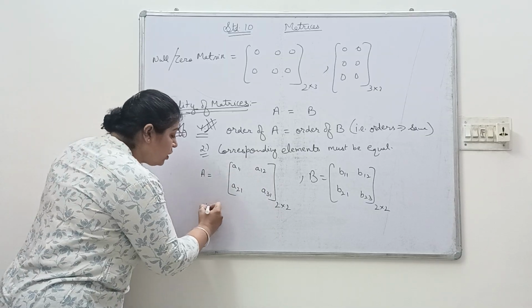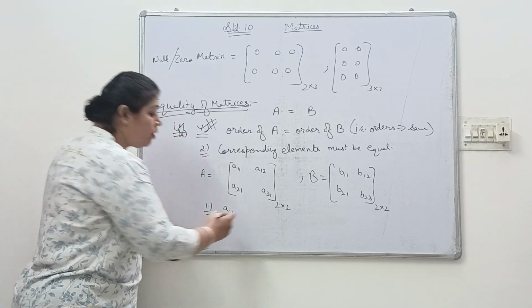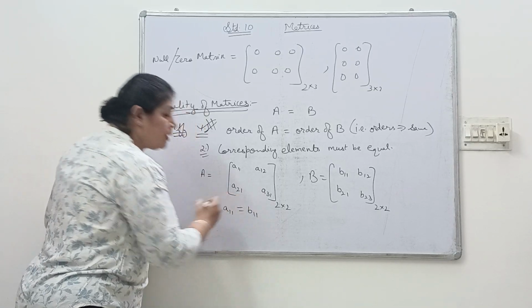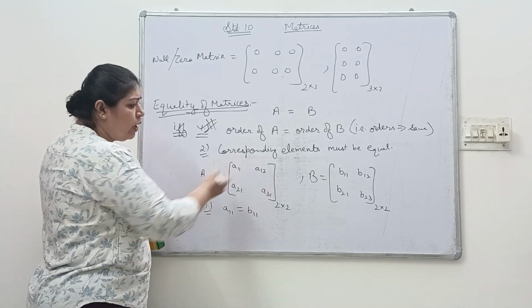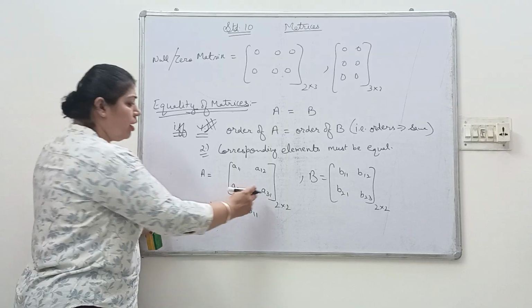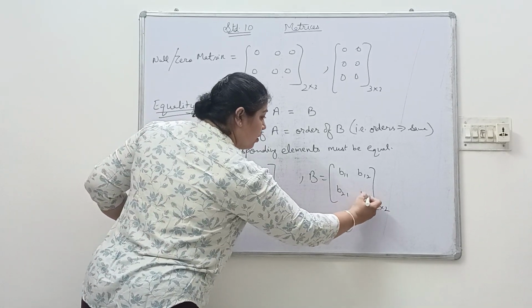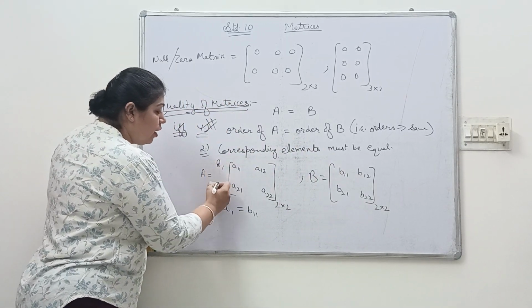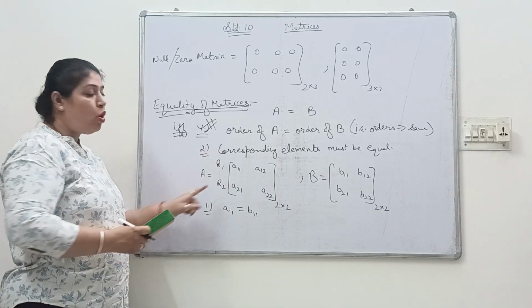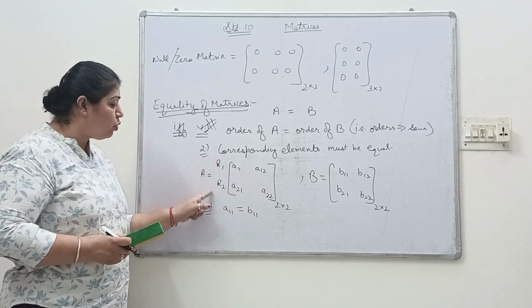Now we also need to prove that the value A11 must also be the same as B11. Now what are these, 11, 12, 21 and 22? We must also see this. The horizontal elements are known as the rows.